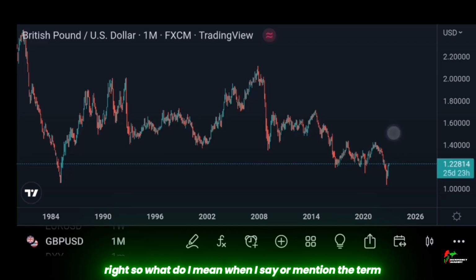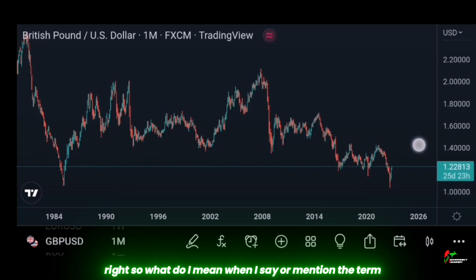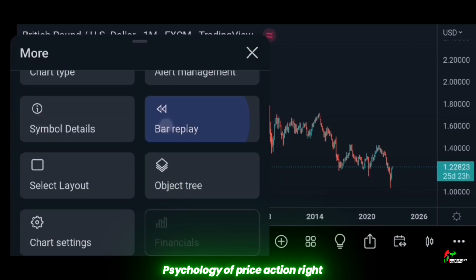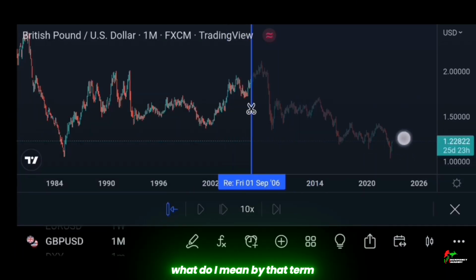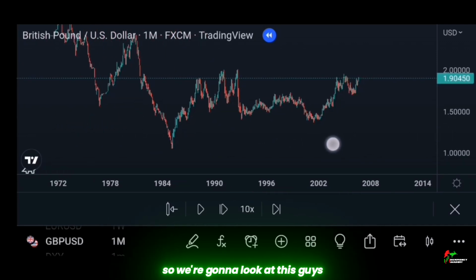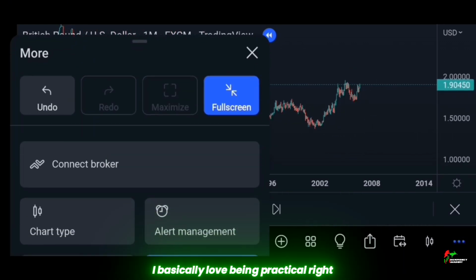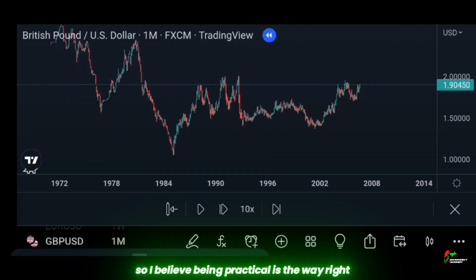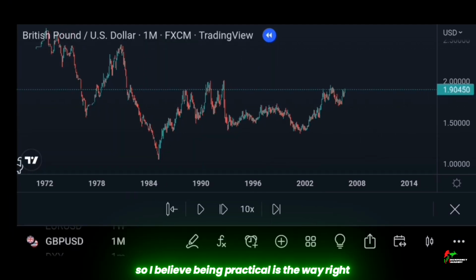What do I mean when I mention the term physiology of price action? I basically love being practical, right? I believe being practical is the way.